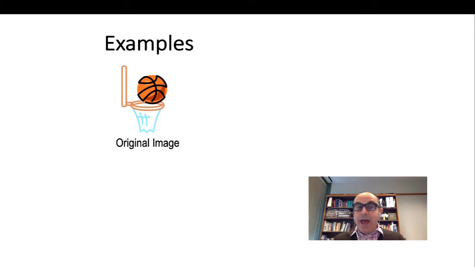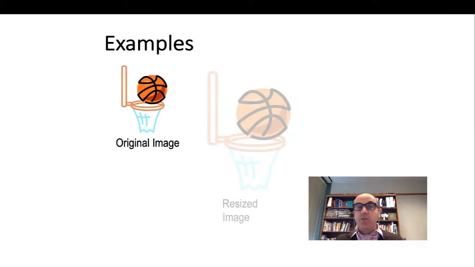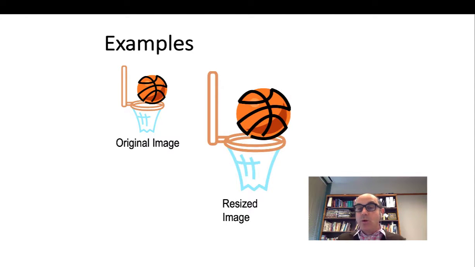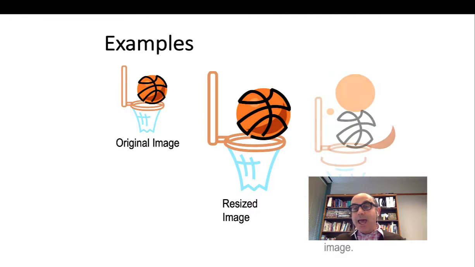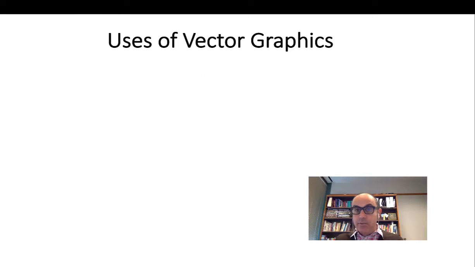For example, we have here the original image. We can resize it, and we can reshape or move the shape of the image and make up a new image out of it.